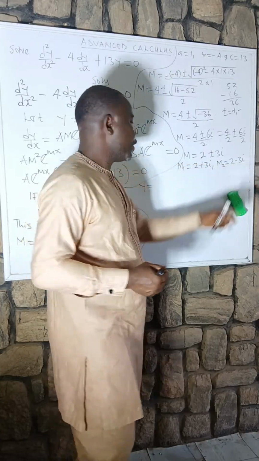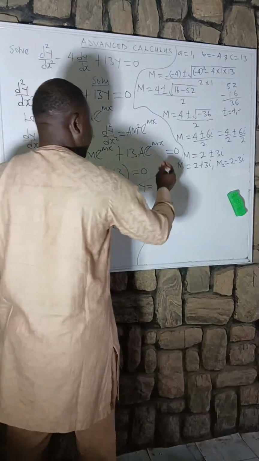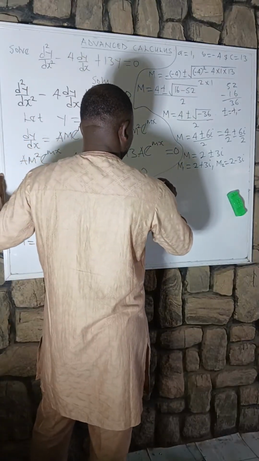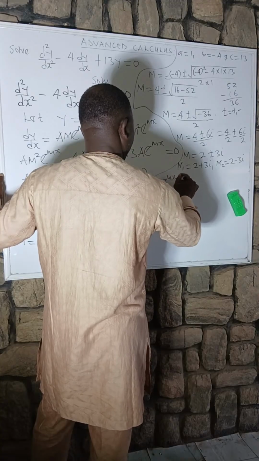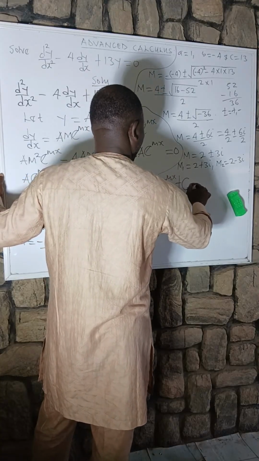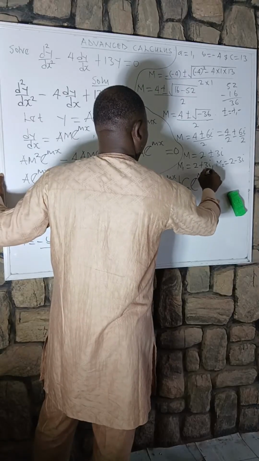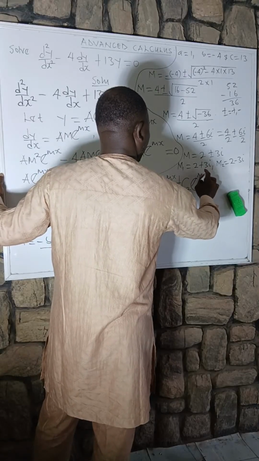Here y will now be equal to C1 exponential m1x plus C2 exponential m2x.